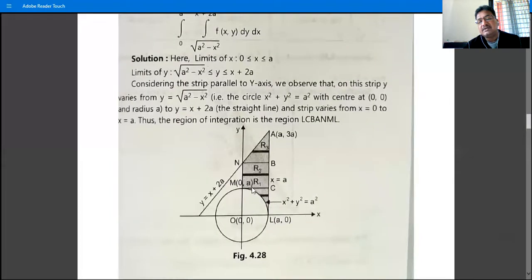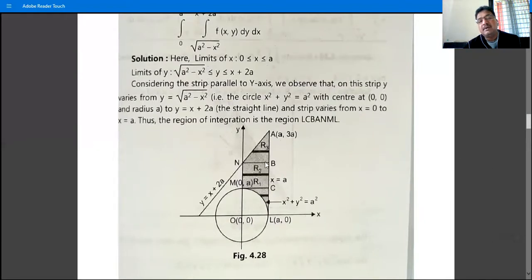But after this line, what happened? This strip touches the line x is equal to 0, or the y axis. Its right end touches the same line, but before this line the left end touches the circle, and after this line the strip touches the line x is equal to 0, the y axis.